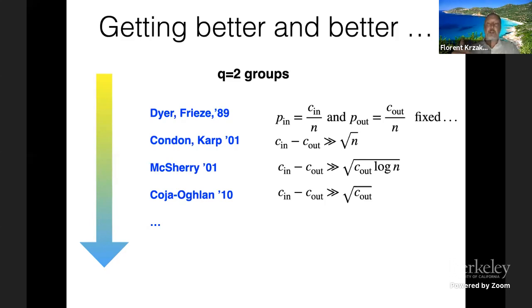And there has been a long series of work trying to get better results and to find algorithms that in polynomial time can output a guess that is better than the random guess, which has a finite correlation with the hidden truth. So you see here that as time goes by, we get better and better algorithms, and we start to have the gap to the threshold getting smaller and smaller. But we are not quite yet at the value that is predicted by the information theoretic threshold.